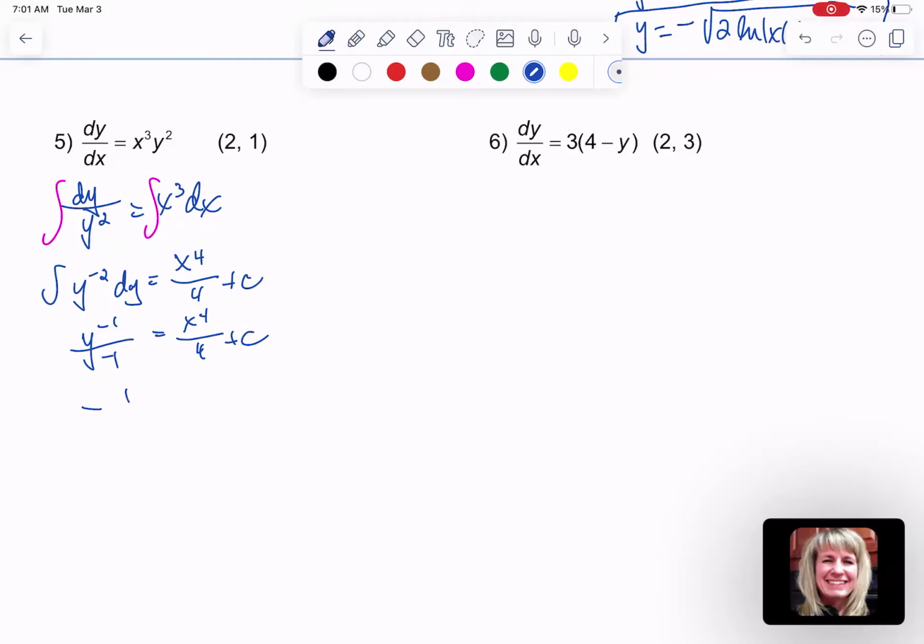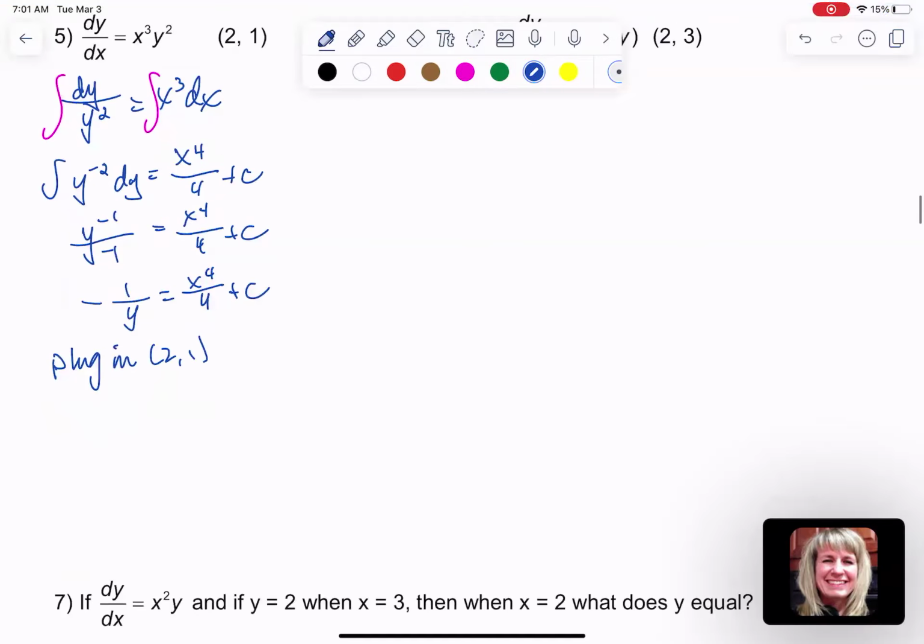Rewriting this is negative 1 over y equals x to the 4th over 4 plus c. I'm going to go ahead and plug in our point now. So if I plug in 2, 1, I will get a negative 1 over 1 equals 2 to the 4th over 4 plus c. That's negative 1 equals 4, because 16 divided by 4 is 4, plus c. C will be negative 5.